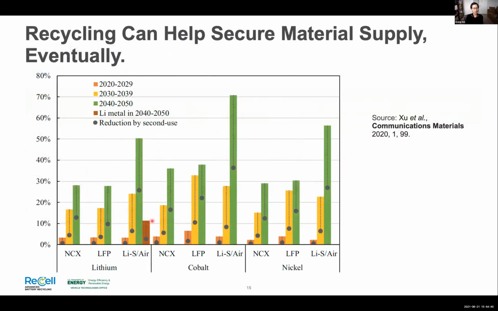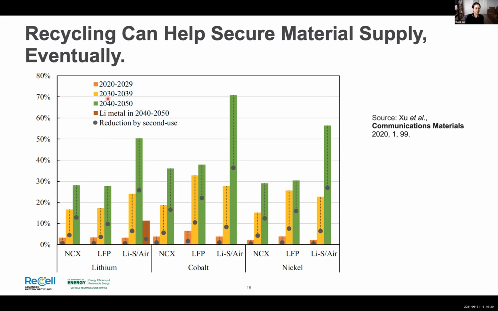We did an analysis with Leiden University in the Netherlands, and we find that currently, since most of the electric vehicles are still on the road, in the near future we won't have many spent batteries to work with. So we're not going to see a huge portion of the material demand of lithium, cobalt, or nickel coming from recycling.